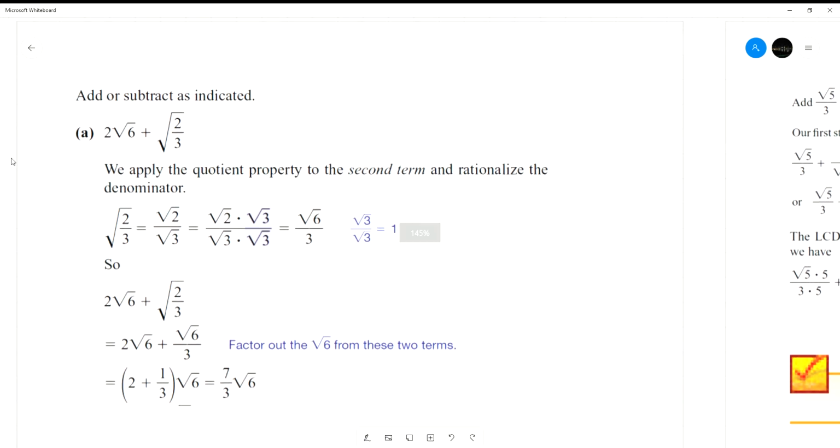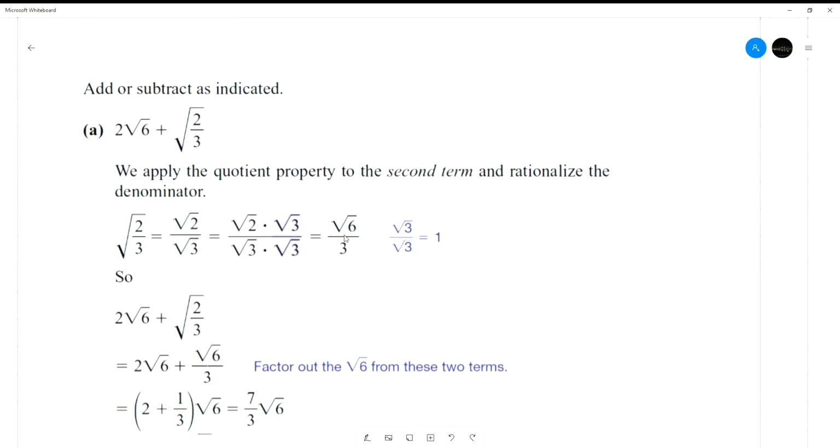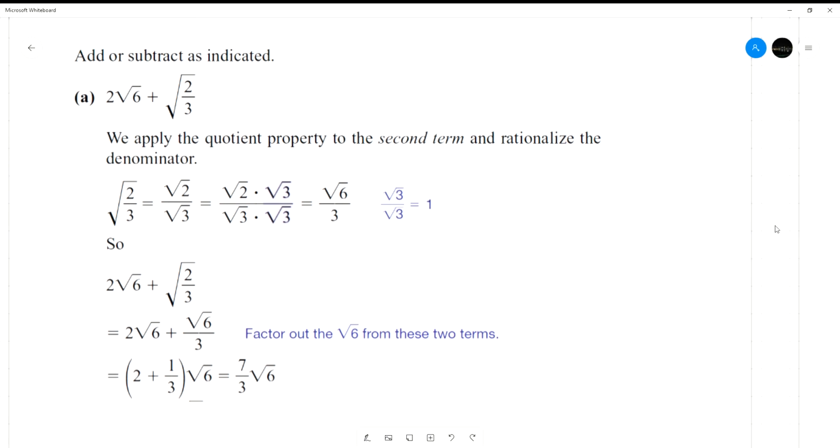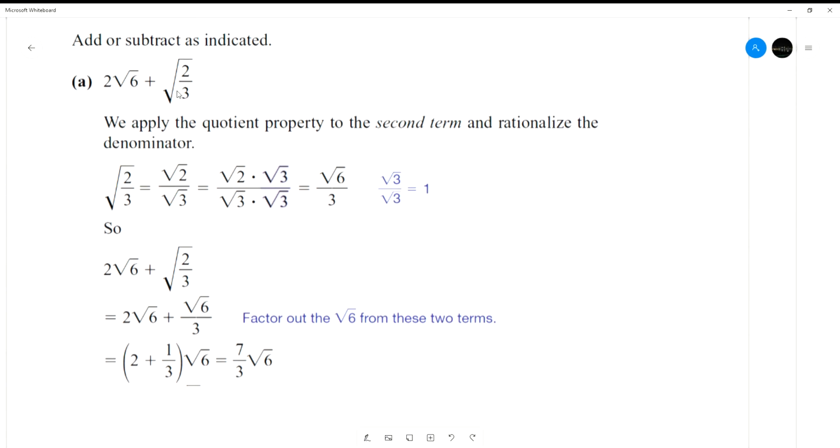I will cover one of these just so that you know how to do it. We have these fractions under the radical that we learned yesterday. Let's take a look. We have root 2 over 3, which we should separate. Using our quotient property of radicals, we can separate them.